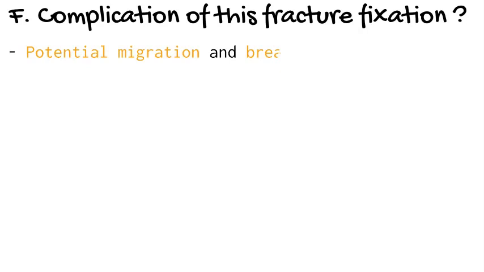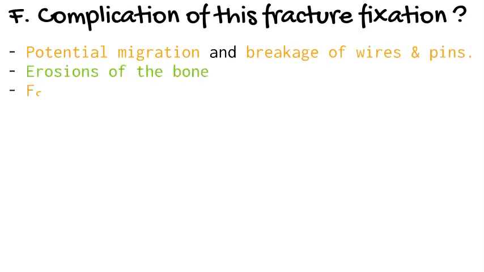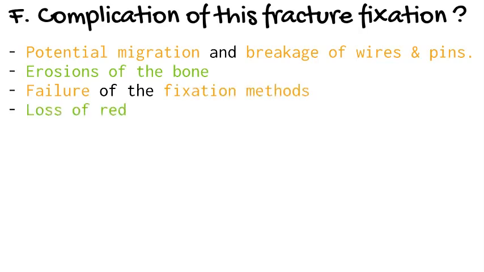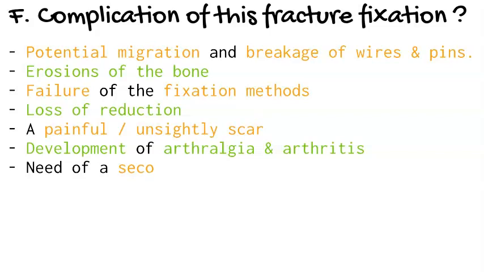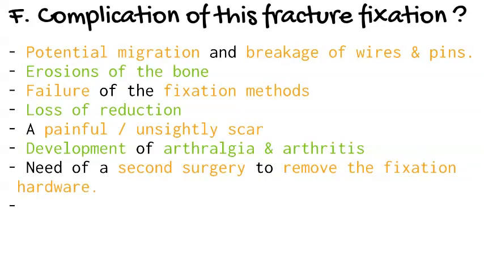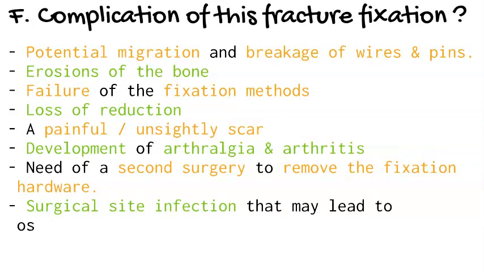Potential migration and breakage of wires and pins, erosions of the bone, failure of the fixation methods, loss of reduction, a painful or unsightly scar, development of arthralgia and arthritis, need of a second surgery to remove the fixation hardware, and surgical site infection that may lead to osteomyelitis.